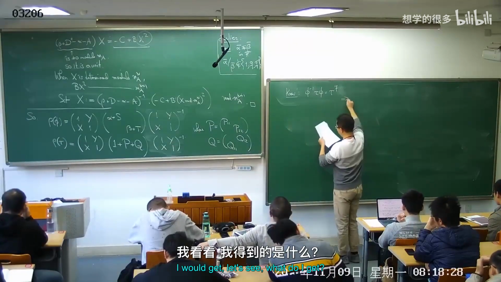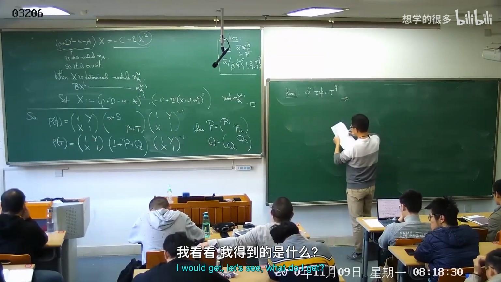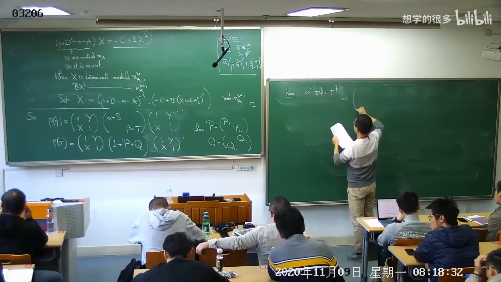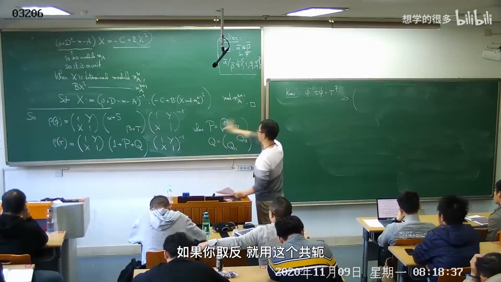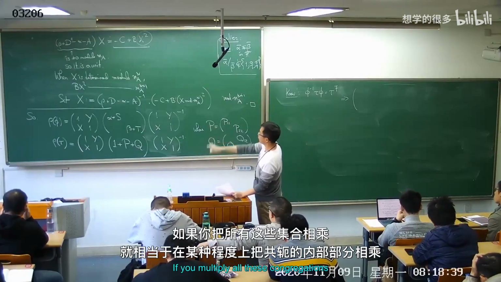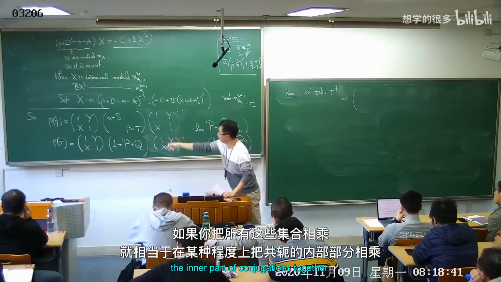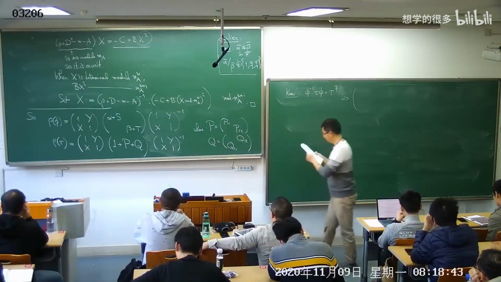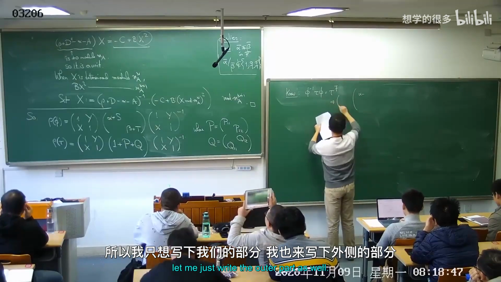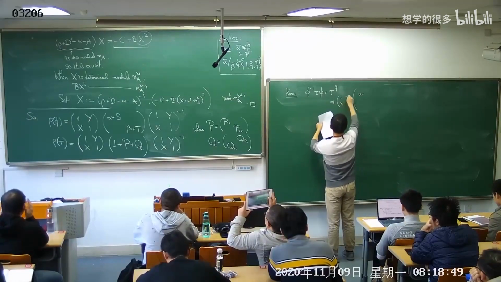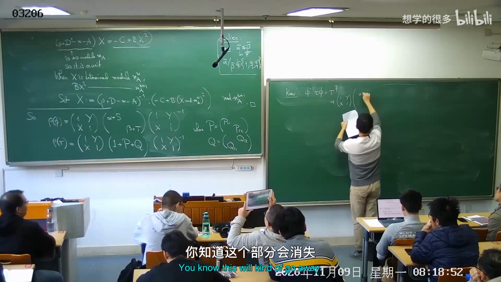I would get, let's see, what do I get? I get the left-hand side. We all know conjugation: if you multiply all these conjugations together, it will be multiplying the inner parts of the conjugations together. So I would just get R. Maybe let me write the outer part as well.